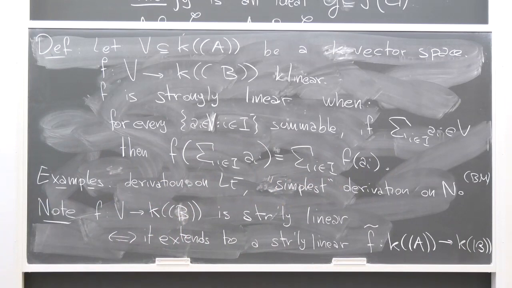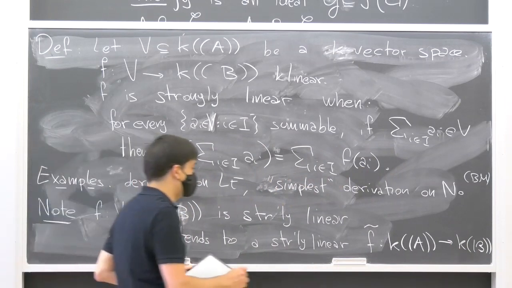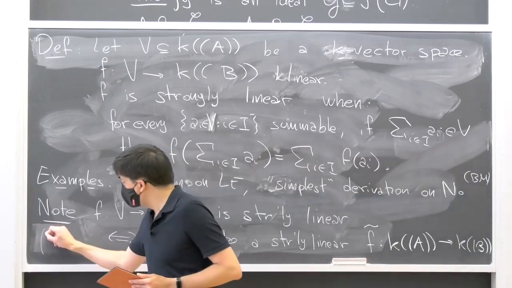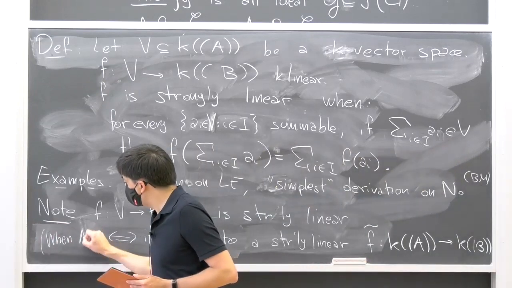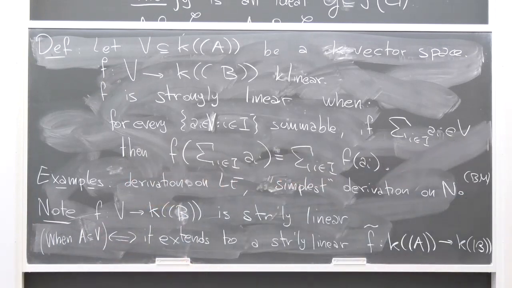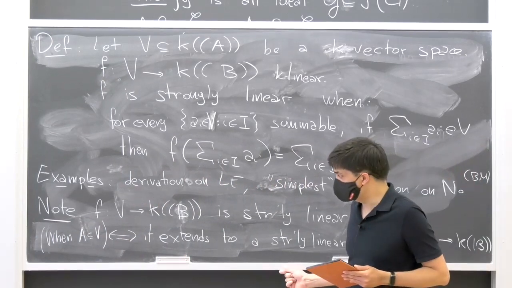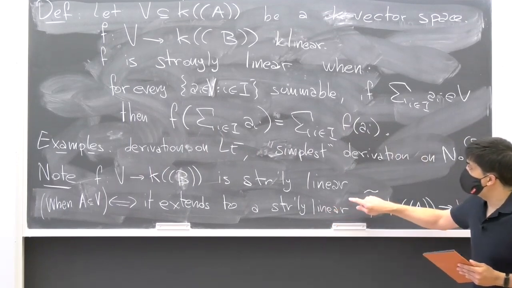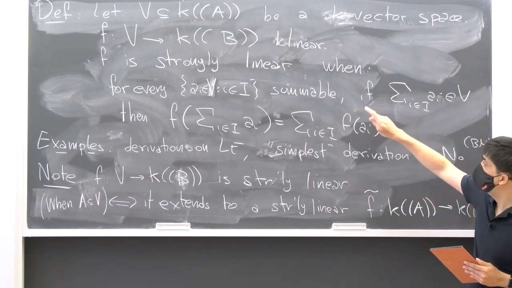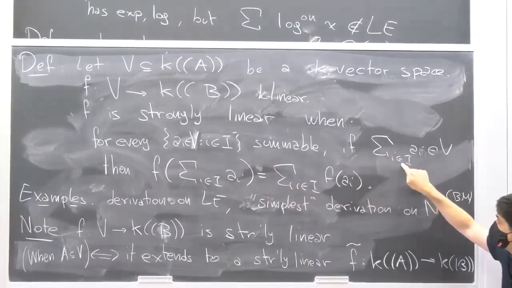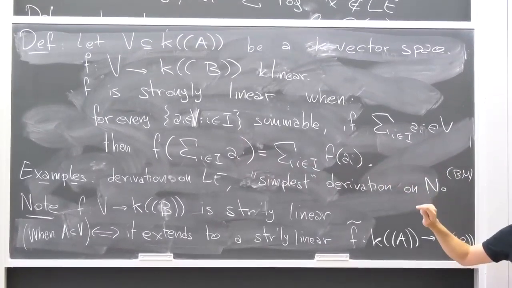And now when saying this, I think I had to add one assumption, which is when V contains all the monomials. It's always going to be the case, so I'm happy to work with this restriction. I take a summable family in this V, and then I say, when the sum is in V, then I have this rule.